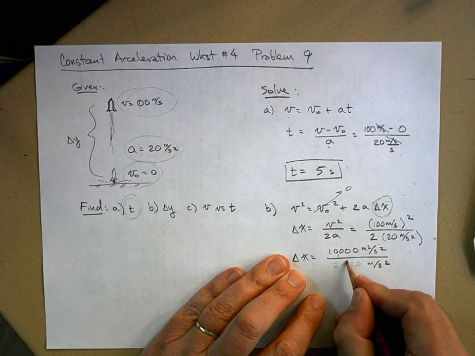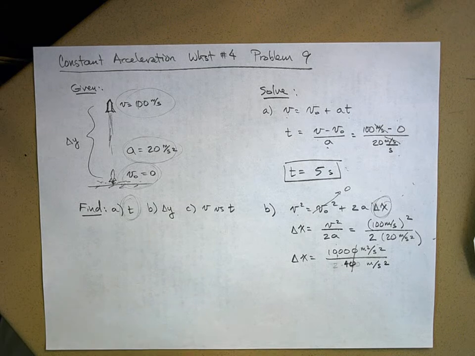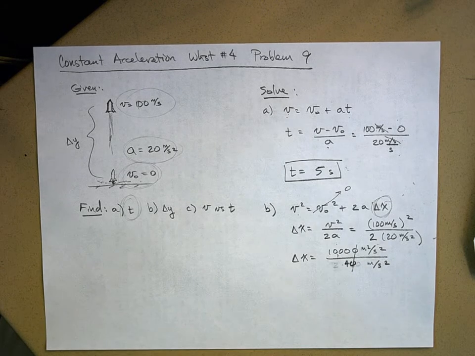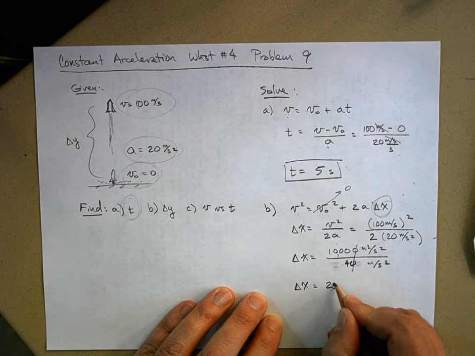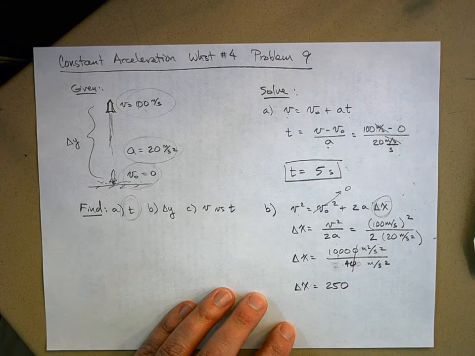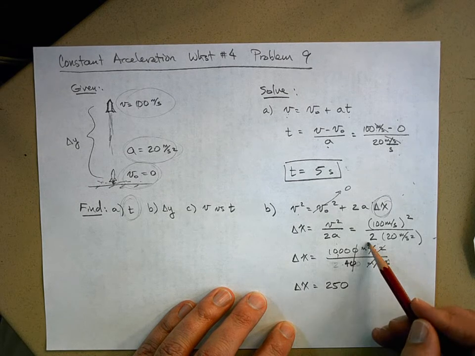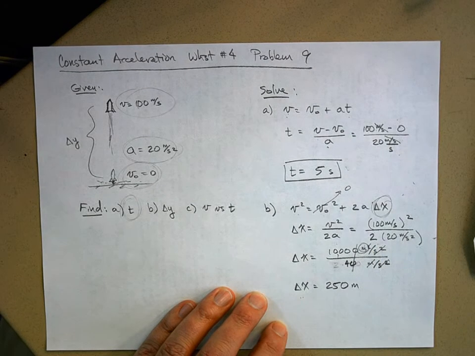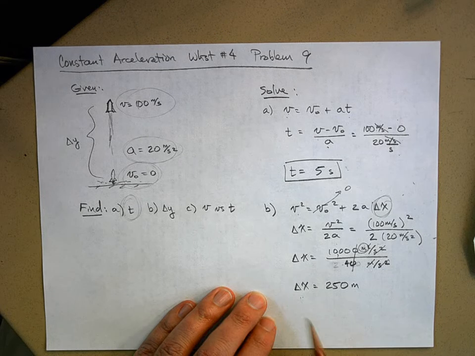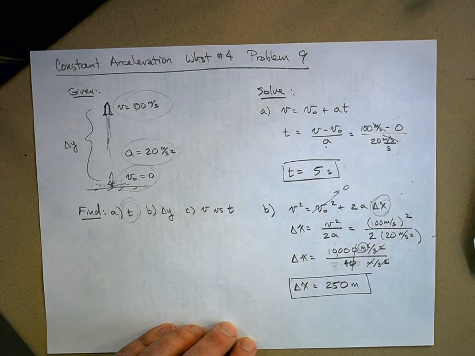Oh, look, that 0 cancels out. And how many times does 4 go into 1,000? 250 times. The second squared cancels the second squared, and a meter cancels with the meter squared. I'm left with a meter, and that's exactly what delta x is measured in. So the units work, which means I probably did it right. So this rocket is 250 meters up.